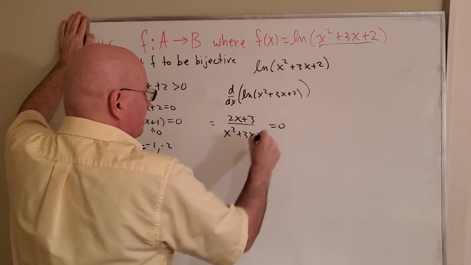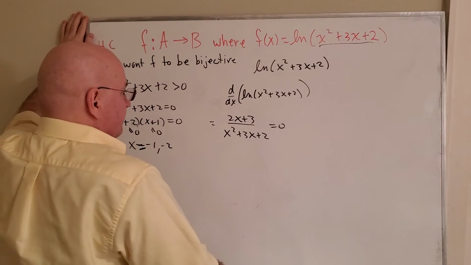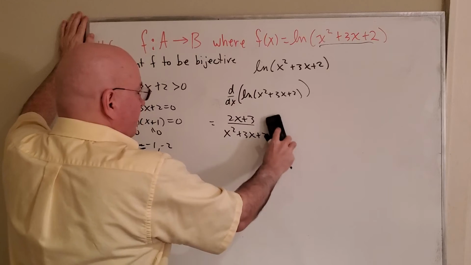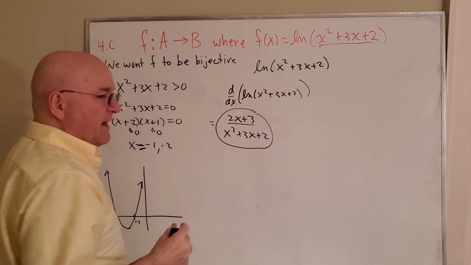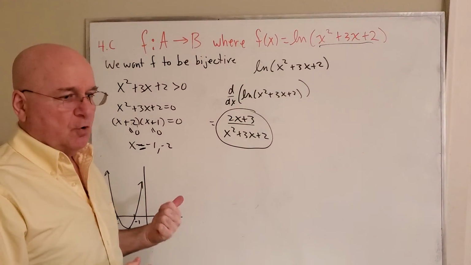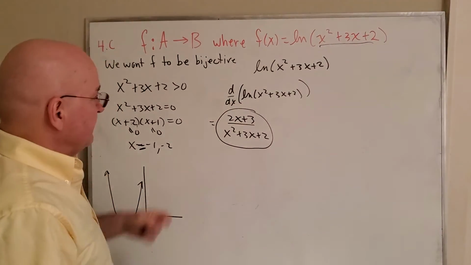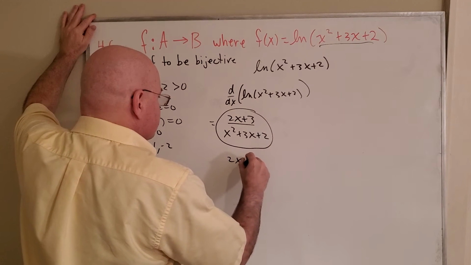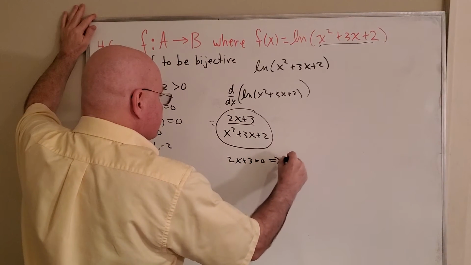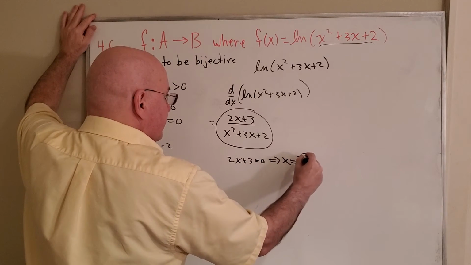What I say in my pre-cal class is find the boundary points of this function. The boundary points are where it's equal to 0 or it's not defined. That means you set the numerator equal to 0. 2x plus 3 equals 0 means x equals negative 3 over 2.